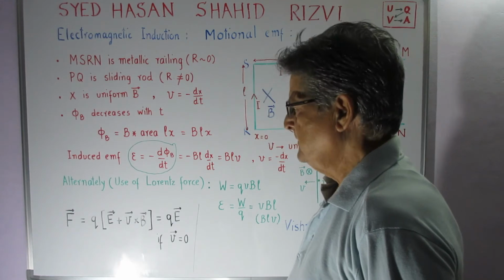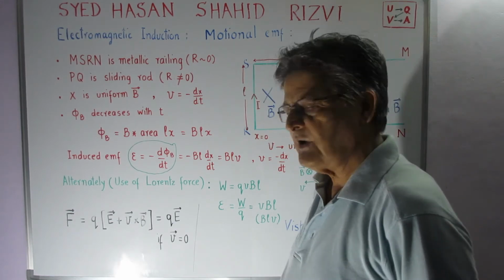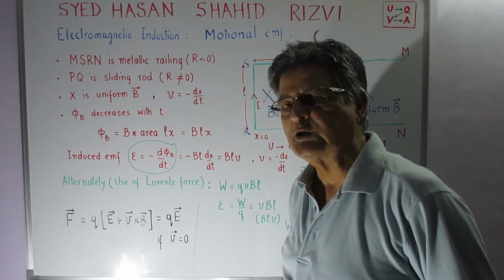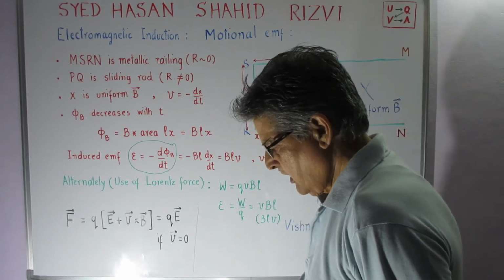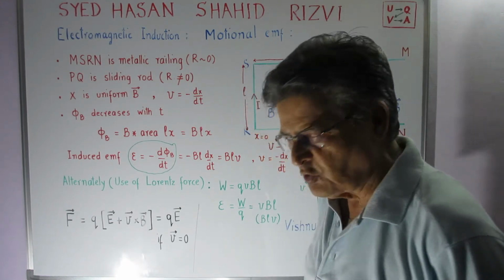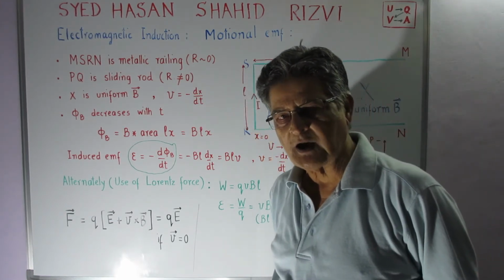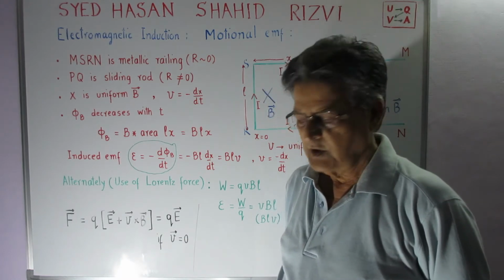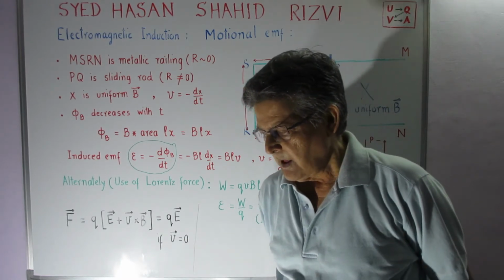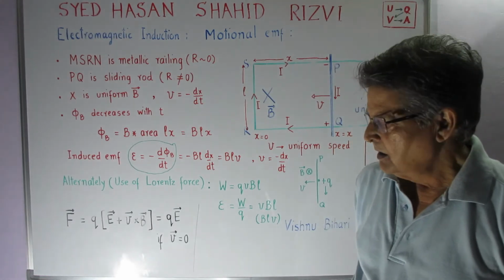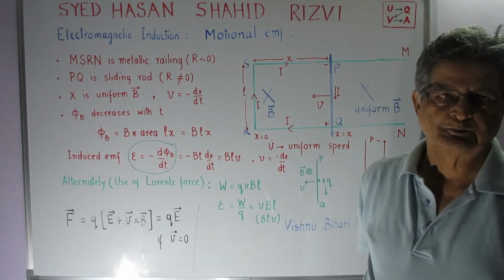Then about that, I have another story to relate to you. Faraday, from his home to Davy's place and from Davy's place to home, used to pass through a bookstore.